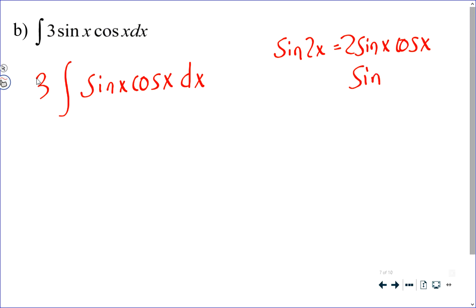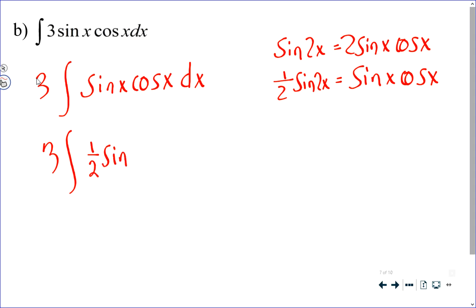sine x cos x, which is our integrand in the question, would be 1/2 sine of 2x. So I'm going to do a substitution in here and change that sine x cos x to 1/2 sine of 2x.